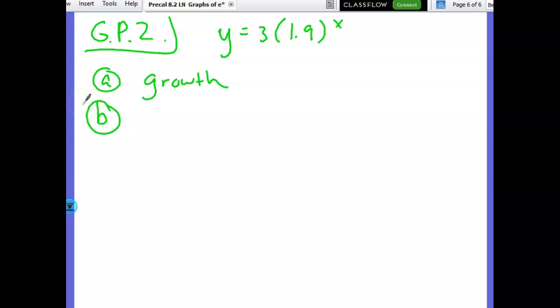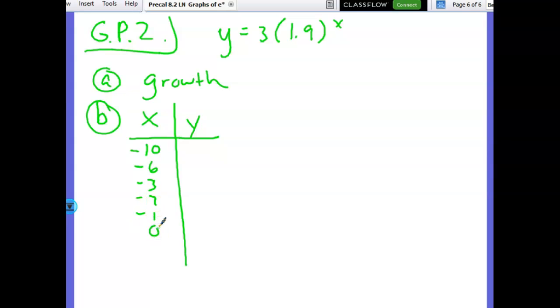B, was that the table? Let's do a table. We're going to do, guess we could do negative 10, negative 6, negative 3, negative 2, negative 1, 0, 1, 2, and 3.